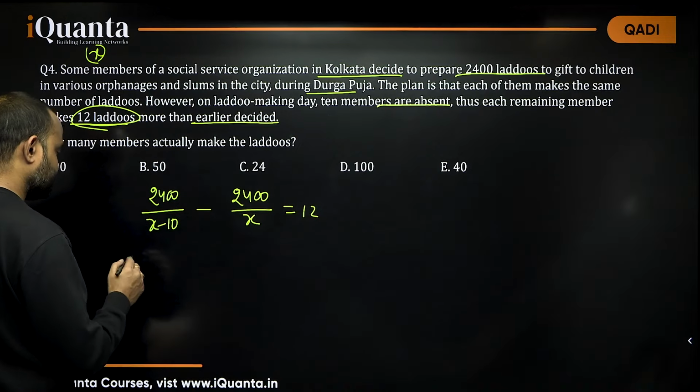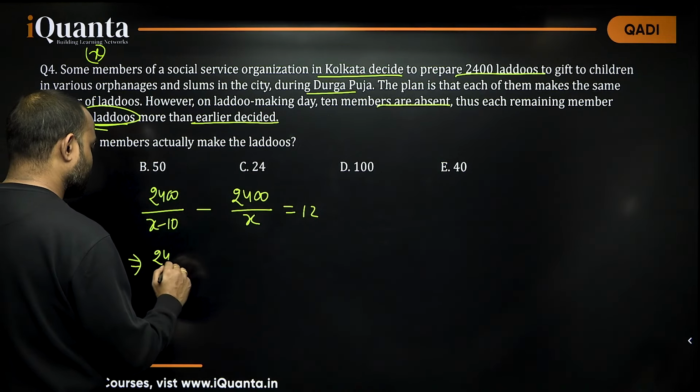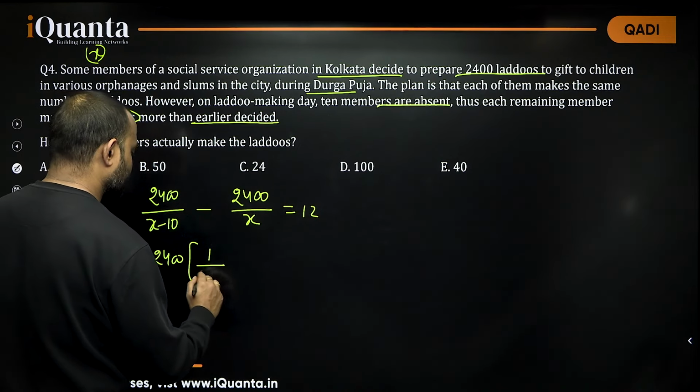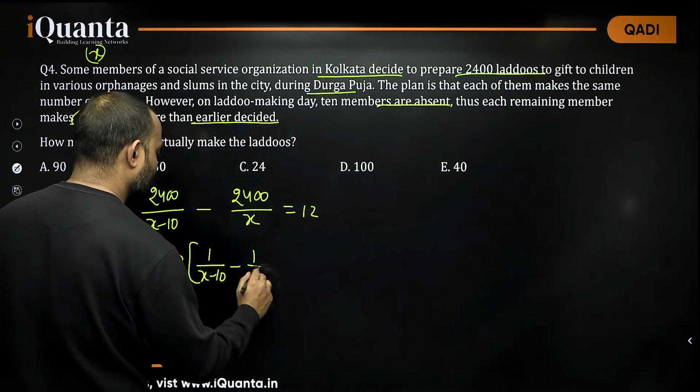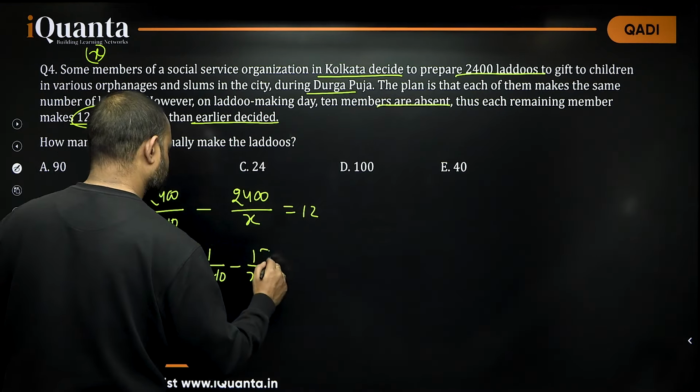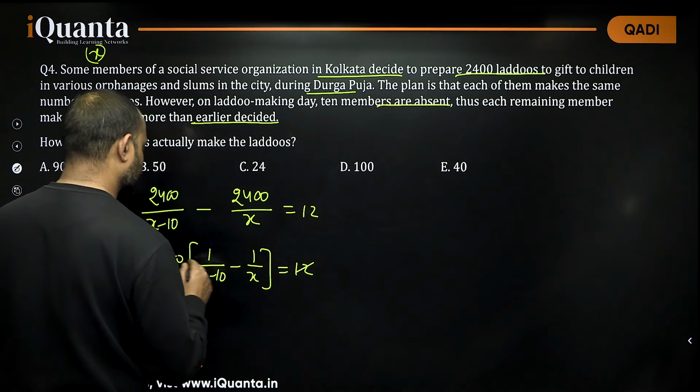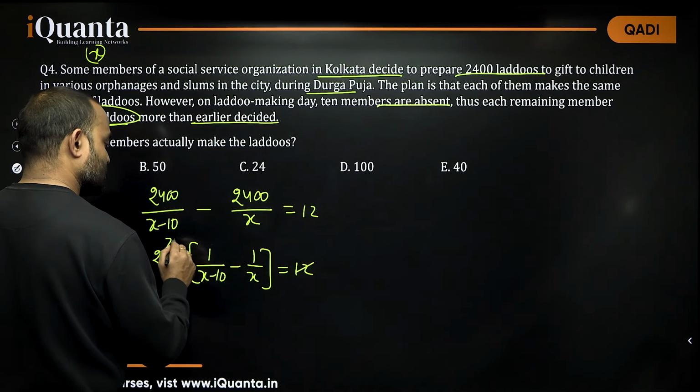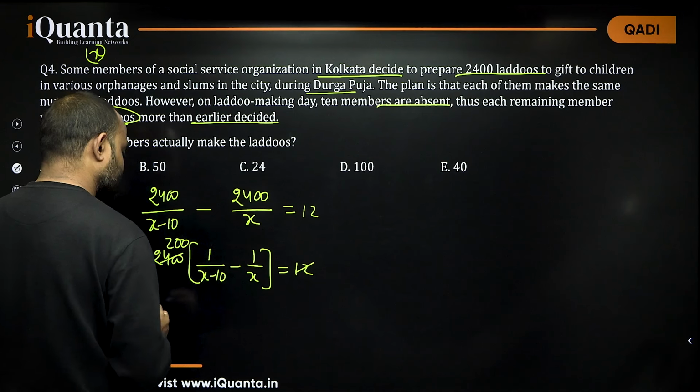So we can take 2,400 common, we get 1 upon x minus 10 minus 1 upon x, and that is equal to 12. So this is how many times? 200 times, right?